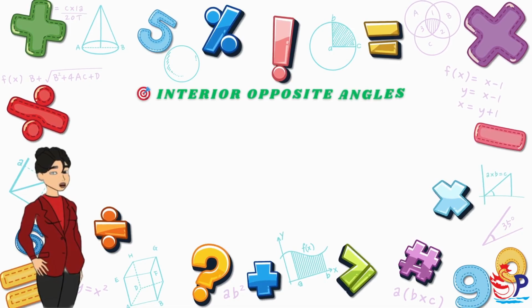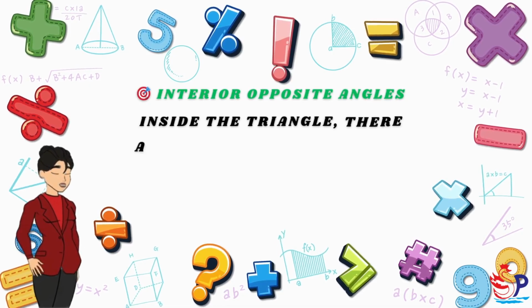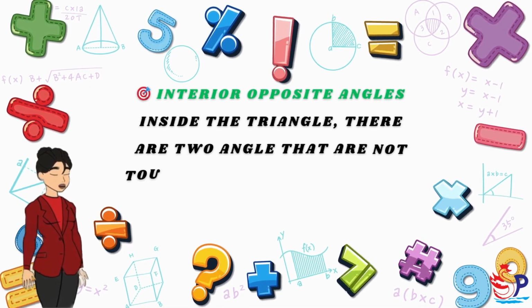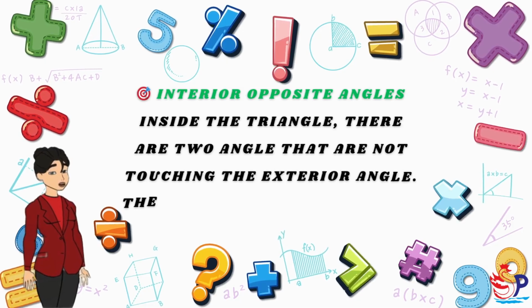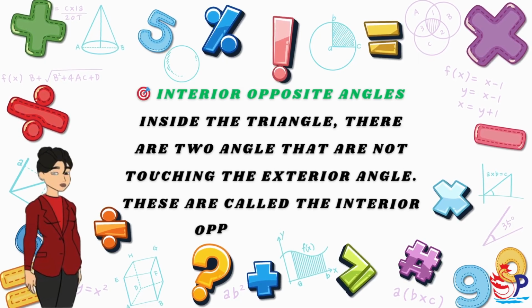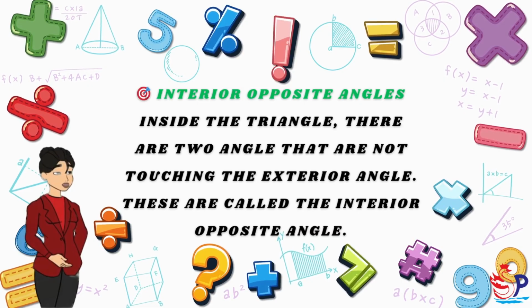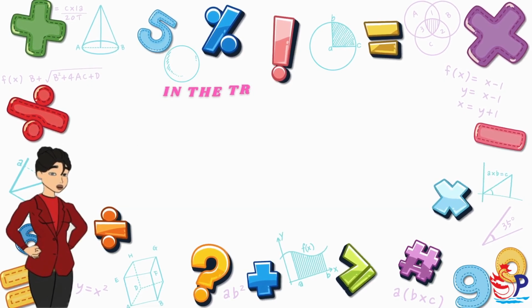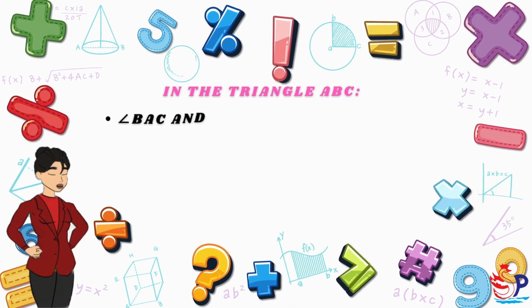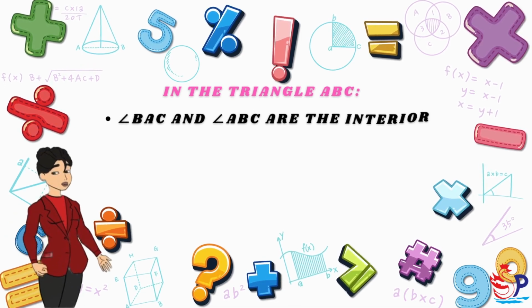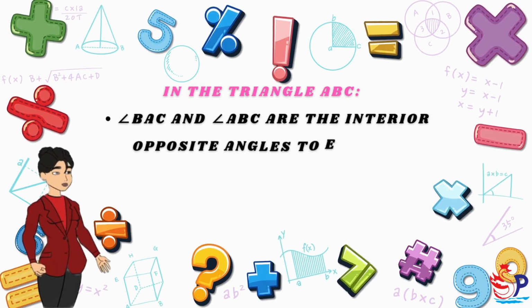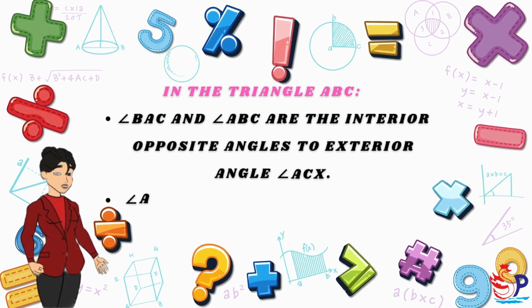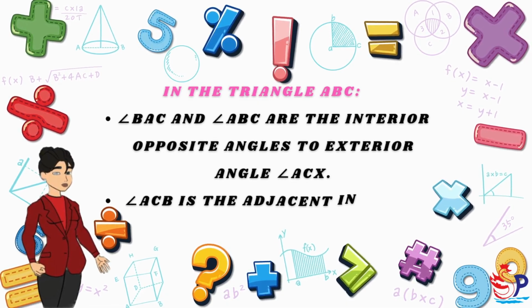Interior opposite angles. Inside the triangle, there are two angles that are not touching the exterior angle. These are called the interior opposite angles. In triangle ABC, angle BAC and angle ABC are the interior opposite angles to exterior angle ACX.